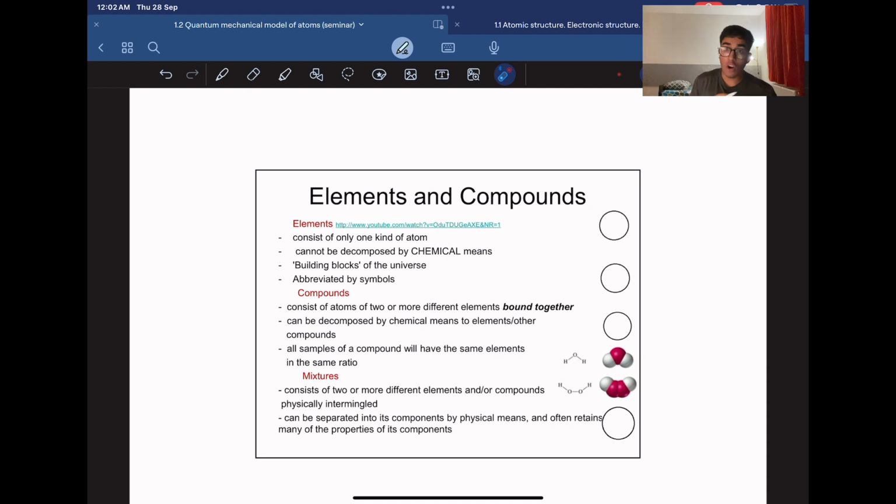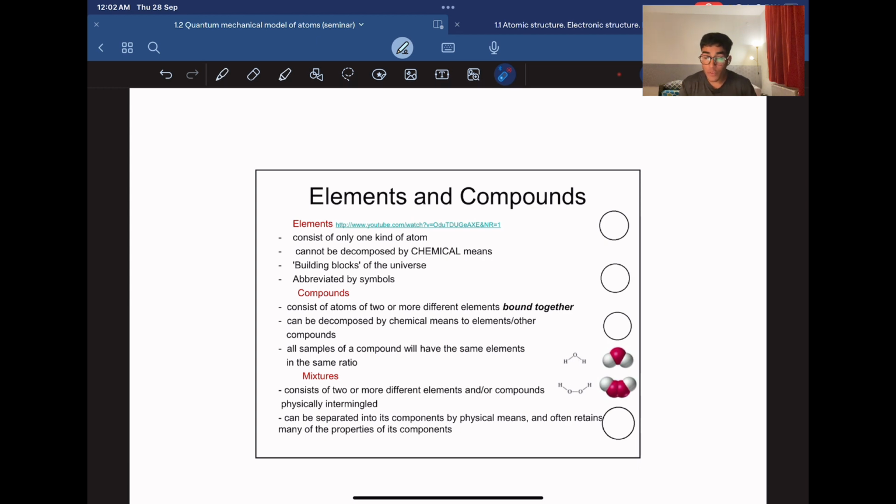Okay, they cannot be decomposed because they are the most fundamental unit. Okay, they are an atom in itself, and they cannot be separated or decomposed by any chemical means. Okay, they are the building blocks of the universe, and they are abbreviated by symbols as I referred to: H, He, Li, B, Be, all of these things.